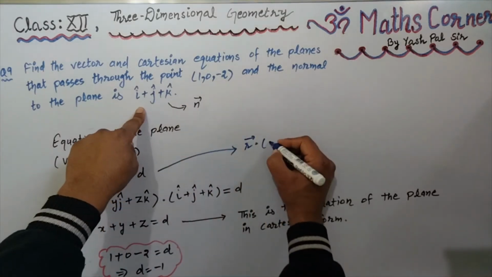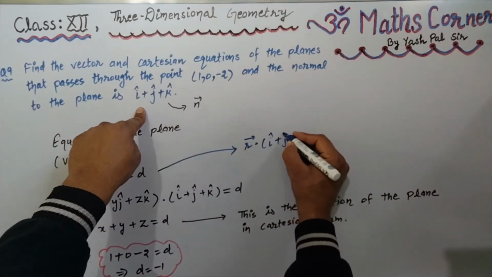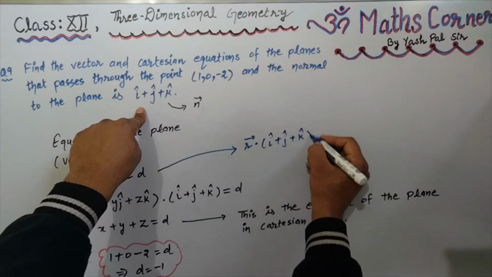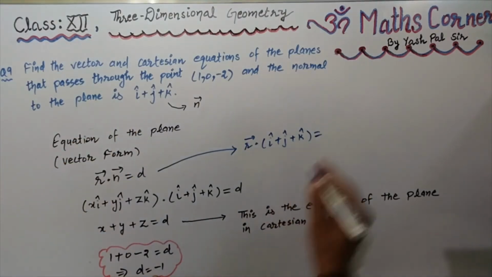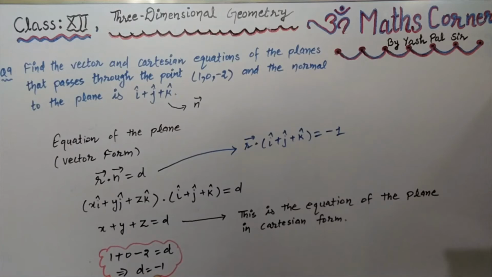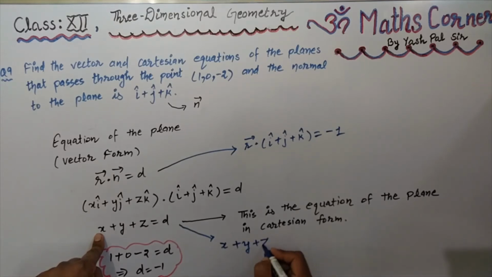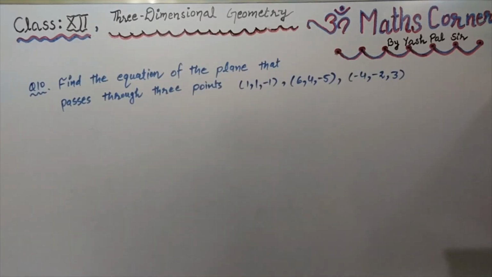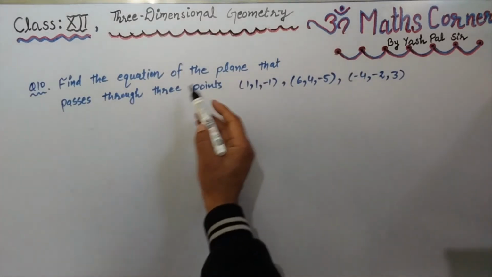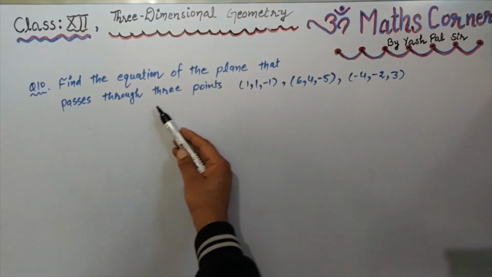So the equation of the plane becomes, first of all, the vector form: vector r dot n, which is i plus j plus k, equal to d. The d value is minus 1. Similarly, the equation in Cartesian form becomes x plus y plus z is equal to minus 1. This is the Cartesian form.